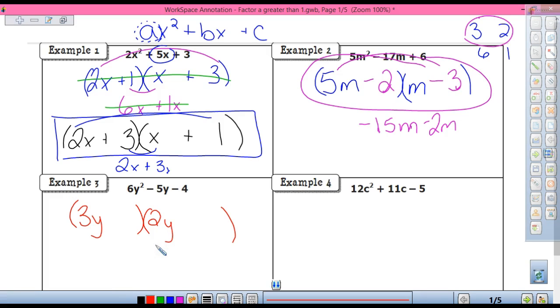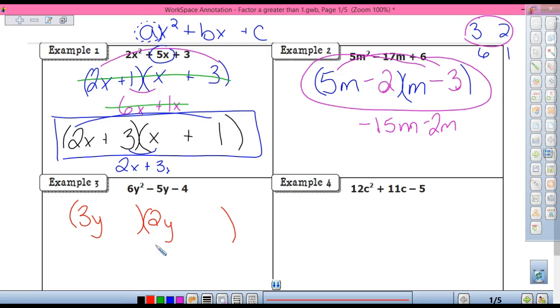How am I getting to a negative 4? We could use negative 2. Well, we can't use negative 2 and negative 2. We could use negative 2 and positive 2. What else could I use? 4 and 1. So there's all kinds of possibilities right now, right? Who wants to take a stab at it?